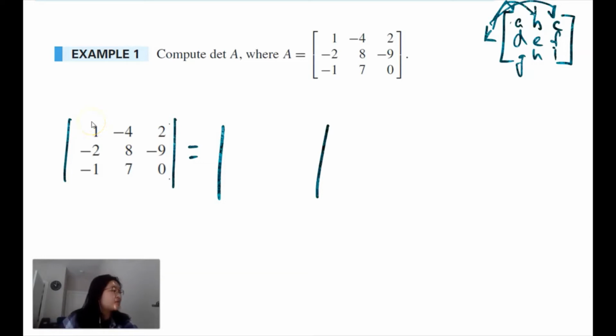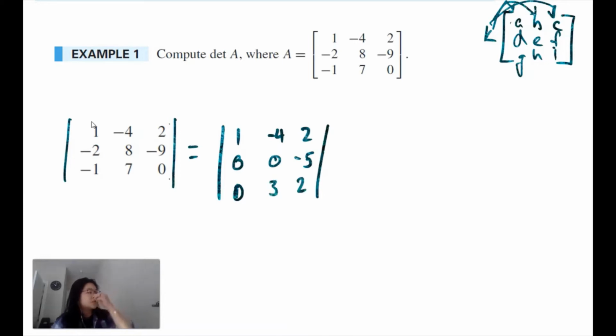So we have 1, -4, and 2, and then we get 0, 0, and 2 times 4 is 4, and so on to -5. And we can do this in one fell swoop, right? We can add this as well. So we have 1 plus -1 is 0, and we get 3 and 2. So we took a multiple of a row and added it to another row. Okay, so that means that our determinant is still going to be the same.